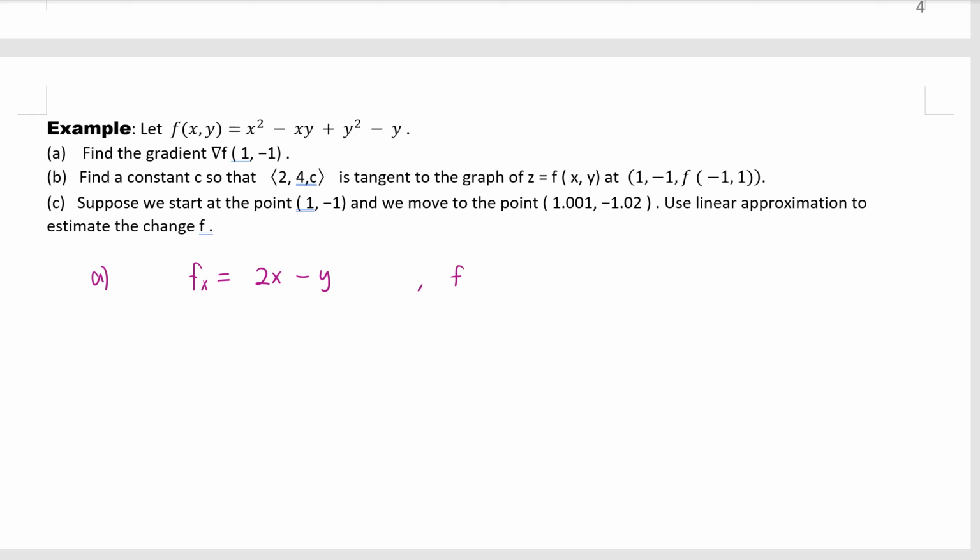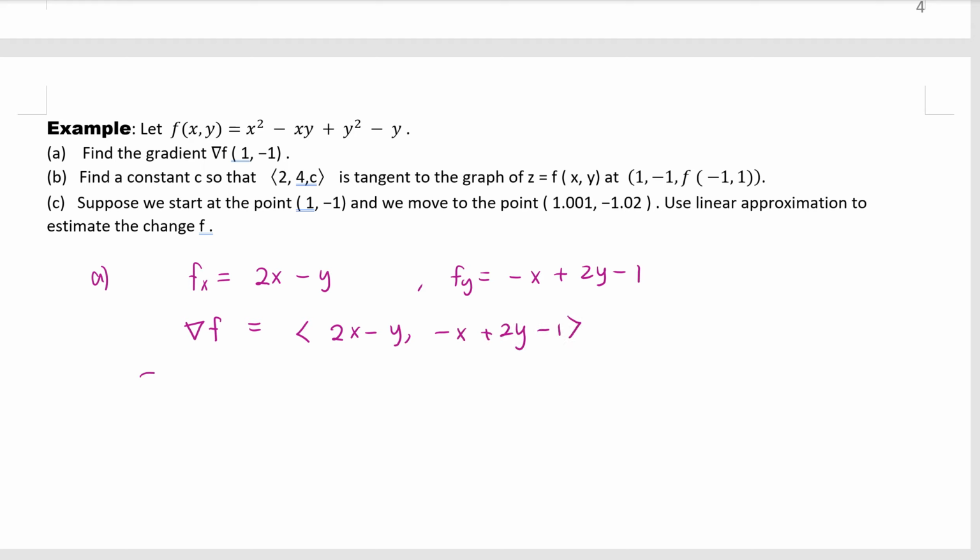And f_y: the derivative of x squared is 0, the derivative of xy is x, so minus x plus 2y minus 1. So our gradient vector equals (2x minus y, minus x plus 2y minus 1).